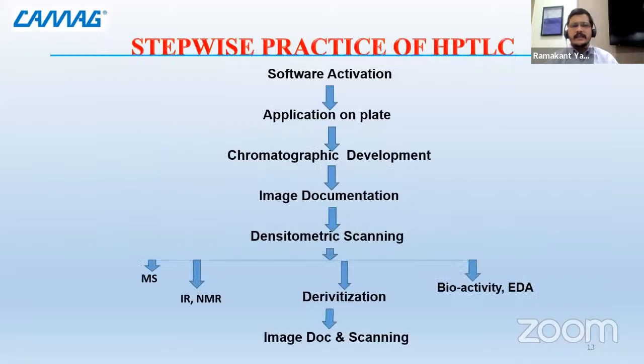Now, the stepwise practice of HPTLC involves software activation, then suitable sample preparation and stationary phase selection. More than 50 different types of stationary phases are available in the market in the field of HPTLC from different manufacturers, Merck, Macherey-Nagel, there are many manufacturers.